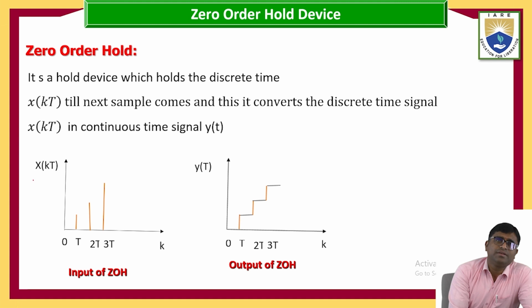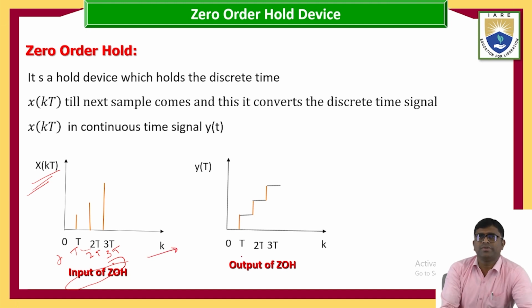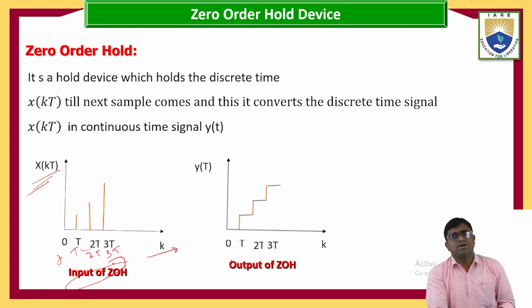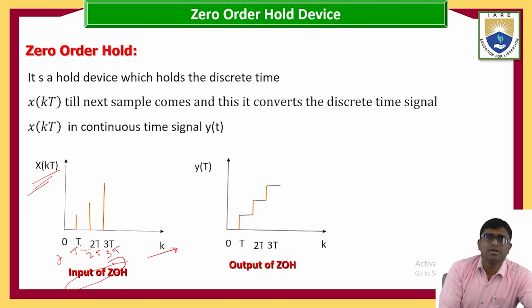For example, if you see this one, it is a discrete time input signal with time instants 0, T, 2T and 3T. This is the input of the zero order hold, and the output of the zero order hold is coming as this.